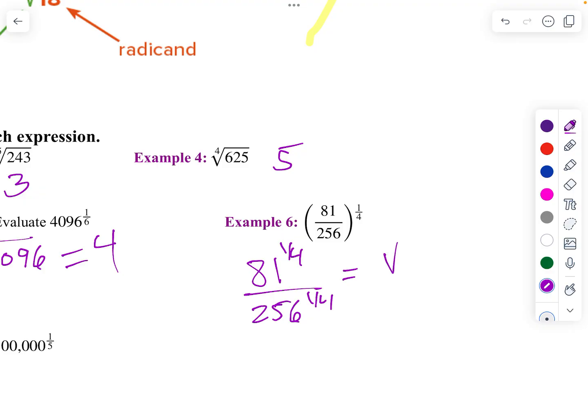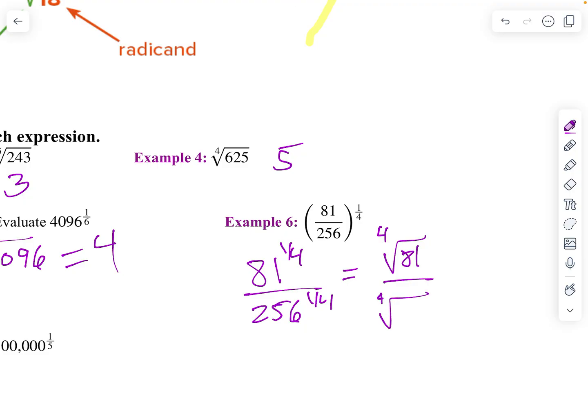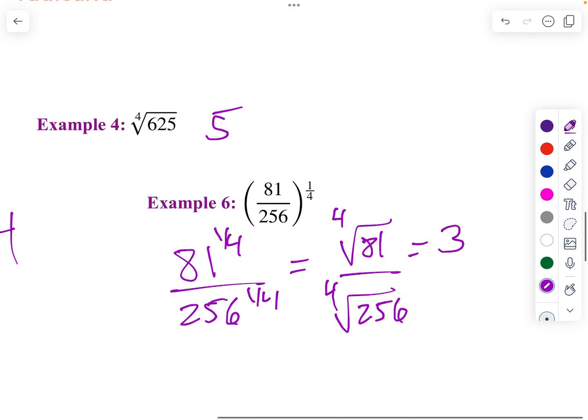So that's the 4th root of 81 over the 4th root of 256. I said 4 but wrote 8; I transposed those. The 4th root of 81 is 3. Have we done that? No, we haven't, but it's 3.